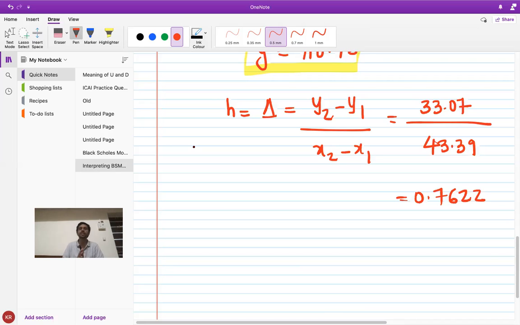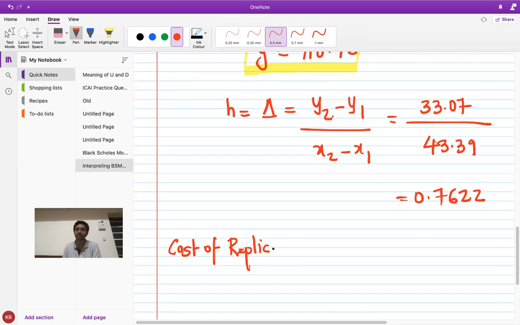There can be no reason why the call option and the replicating portfolio should have separate prices. If they have separate prices, you can actually carry out arbitrage. And for prevention of arbitrage, the call option and the replicating portfolio must have the same price today. So now let us calculate the cost of the replicating portfolio.